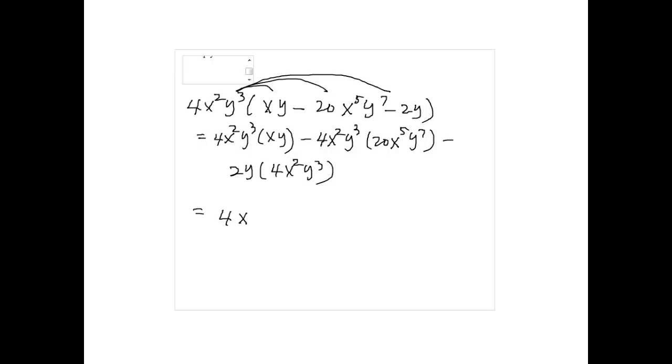So we have 4x cubed y to the fourth power, by adding exponents, minus 4 times 20, which is 80, x to the 7th y to the 10th, minus 8x squared times y to the fourth power.